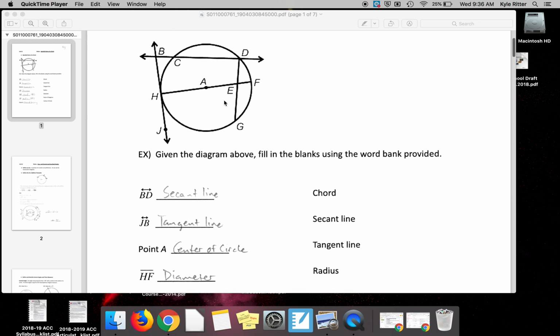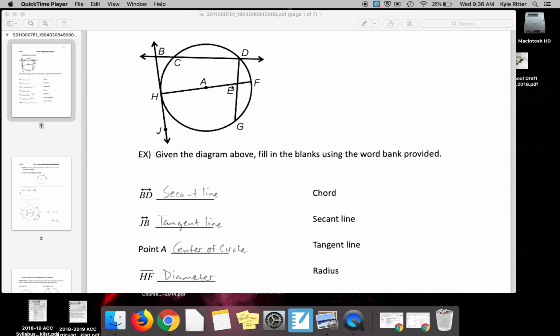And then lastly, if you take a piece of that diameter, stretching from the center of the circle to the outside in either direction, but just half of this diameter here, that's called the radius. So the radius is always half the diameter, or if you double the radius, you get the diameter. And there's not just one radii.